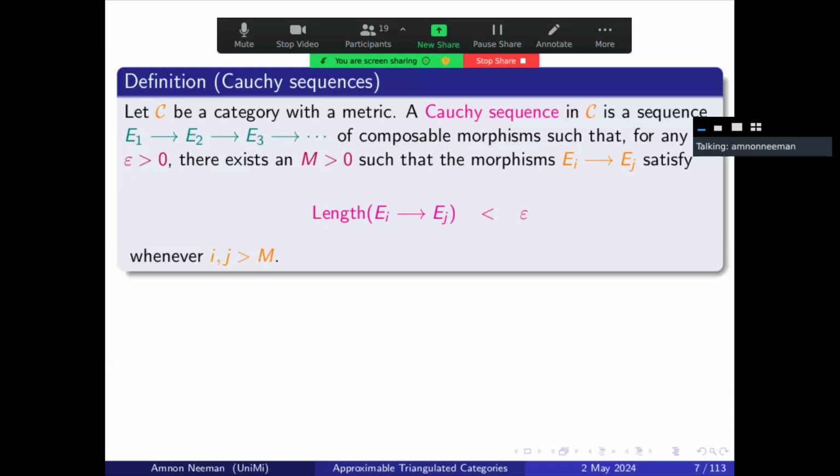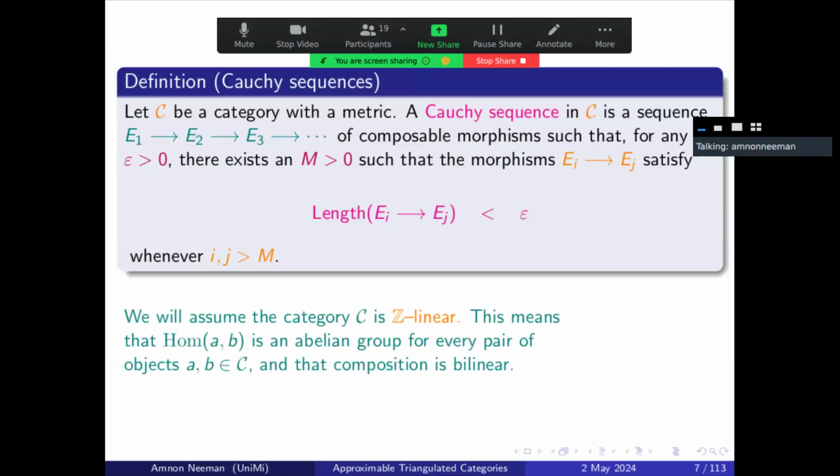Now the next notion is completing a category with respect to a metric. What I do is slightly non-classical, so I'm going to add the unnecessary assumption that the category is Z-linear, which means that Hom(A,B) is an abelian group for every pair of objects, and the composition is bilinear.